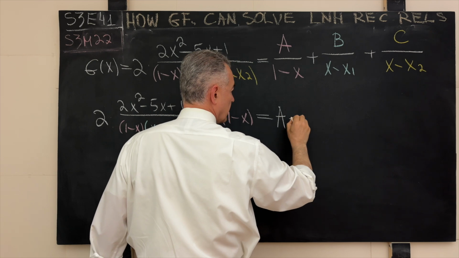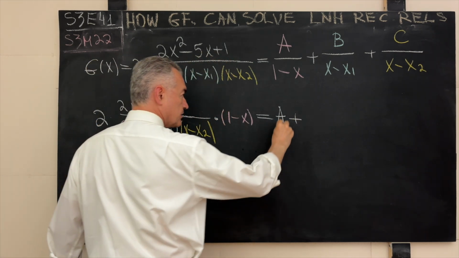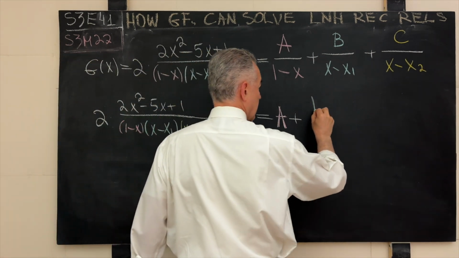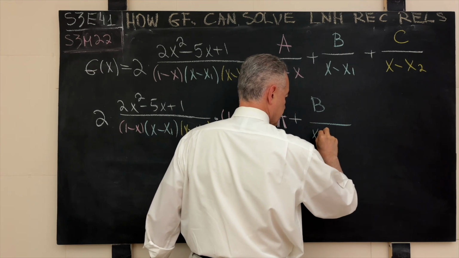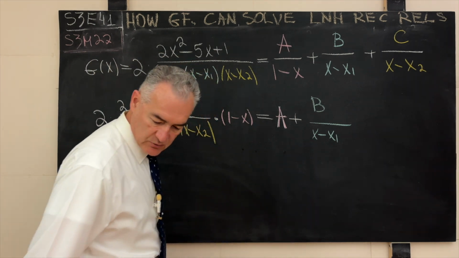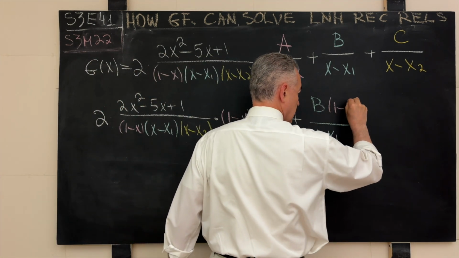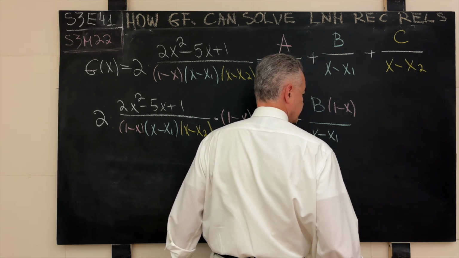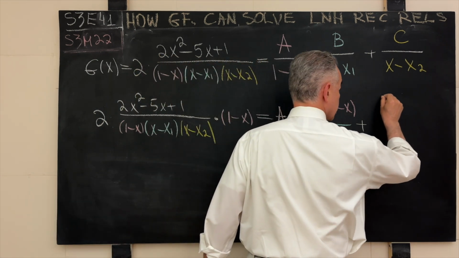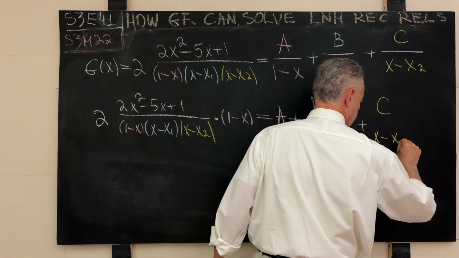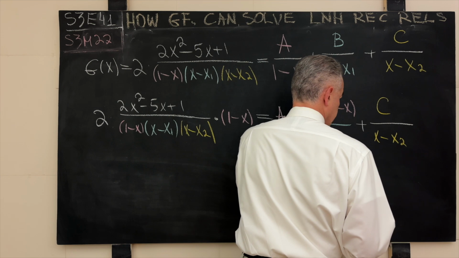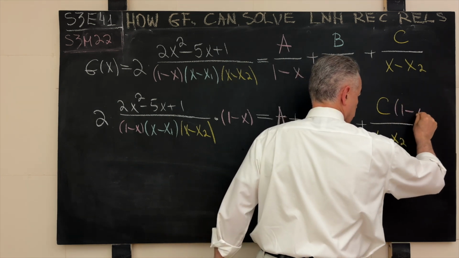It will be a. So let's mark it with red, a, just to keep it that way. Then we will have b over x minus x1, but then it will be multiplied by 1 minus x, plus c over x minus x2, and then multiplied by 1 minus x. You see, 1 minus x.